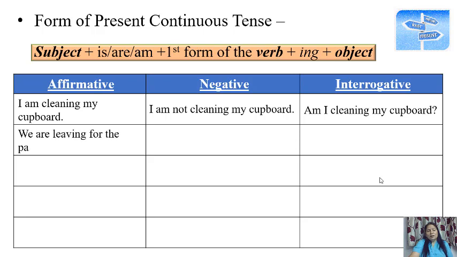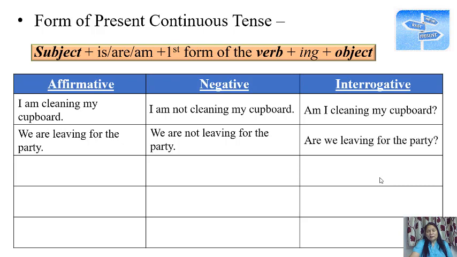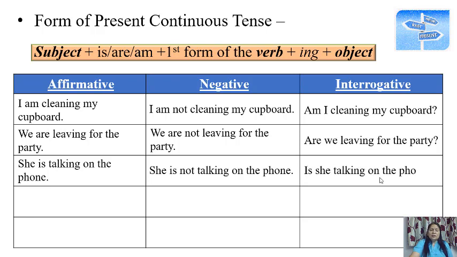Second, we are leaving for the party. Negative, we are not leaving for the party, or interrogative, are we leaving for the party? Then comes, she is talking on the phone, she is not talking on the phone, and is she talking on the phone? Now read these examples so that you get used to these kind of sentences.